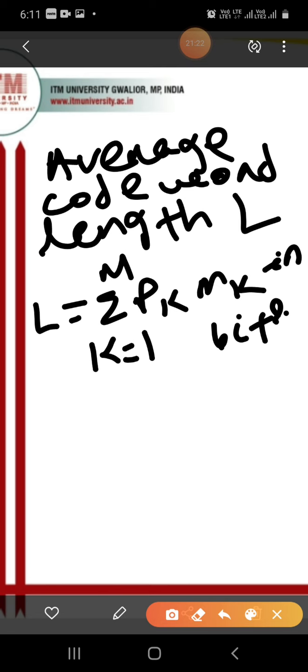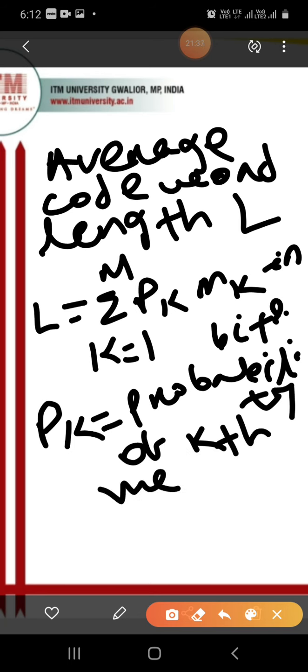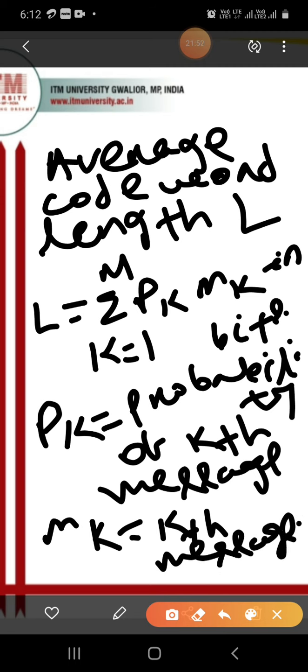Here pk is the probability of the kth message, and mk is the kth message.